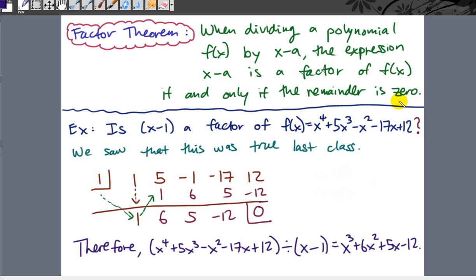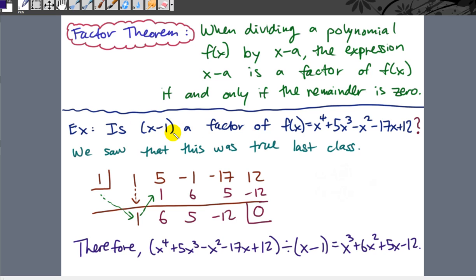In context, let me help you out with a visual example of what this means. Is x minus 1, which would be x minus a, a factor of this expression f of x? And if you're wondering, we saw that this was true last class.